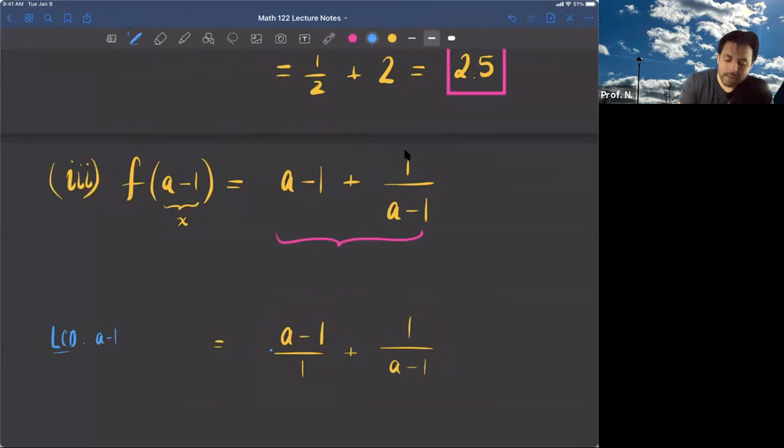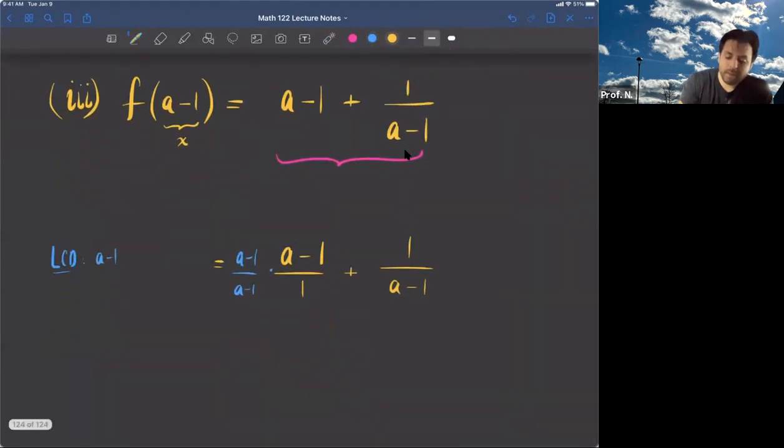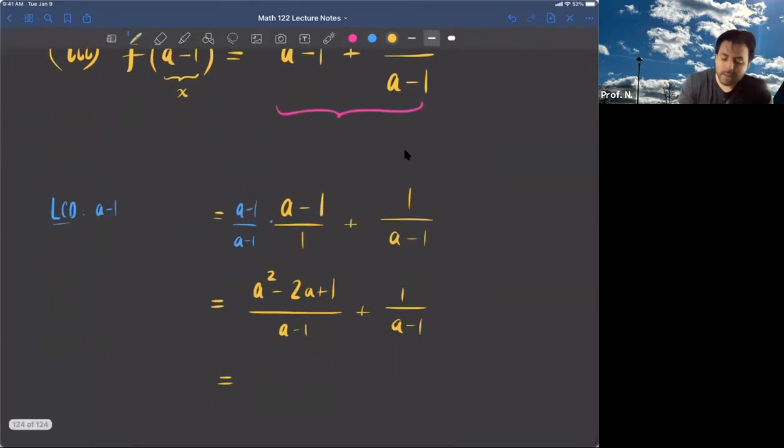So I just have to multiply the top and the bottom by a minus 1 here. And I get a squared minus 2a plus 1 over a minus 1 plus 1 over a minus 1. And so then I can also write this as a squared minus 2a plus 2 all over a minus 1.